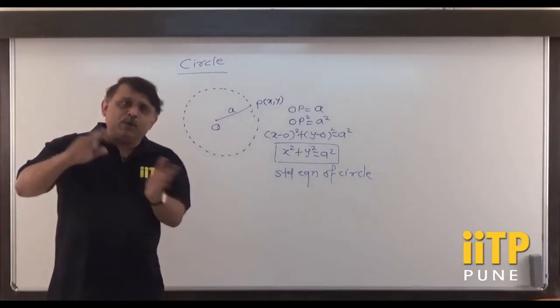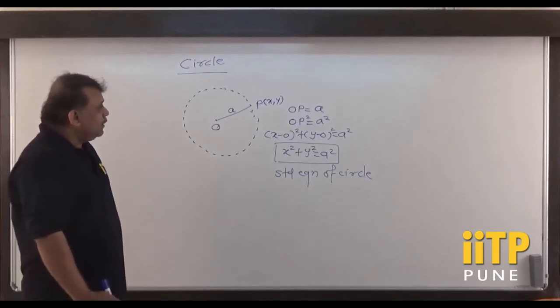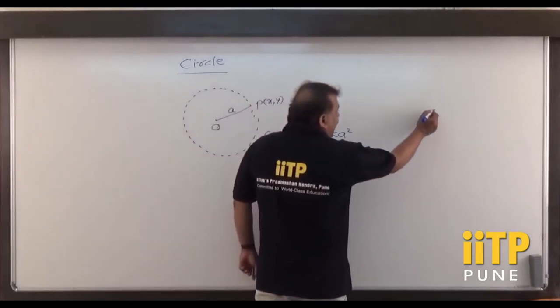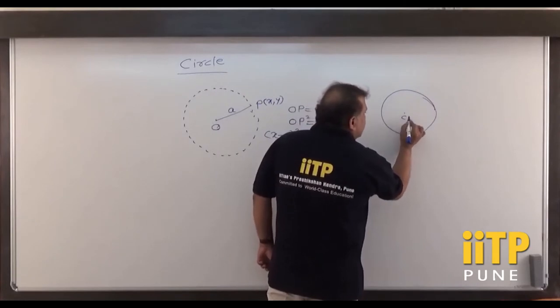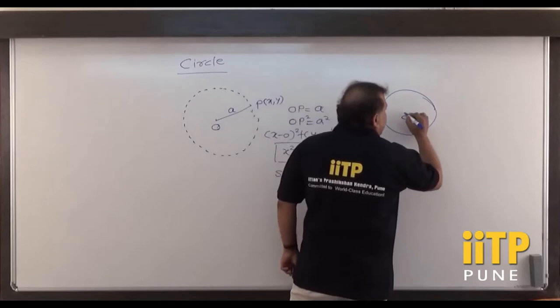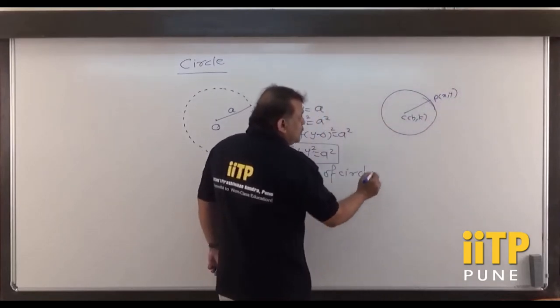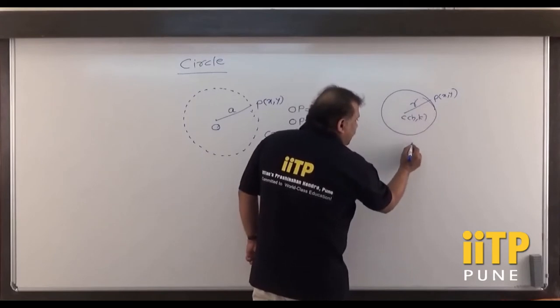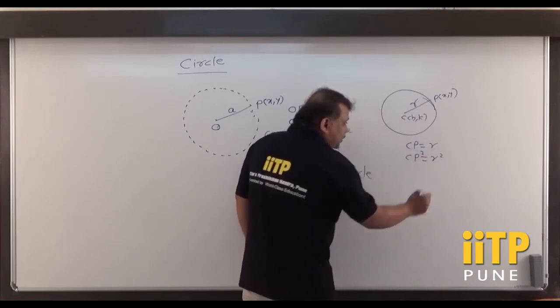But if you shift the origin to some point, say (h, k), then I may have this kind of figure. This is my circle. C(h, k) is the center and P(x, y) is any point on the circle. If the distance CP is r, therefore CP square is equal to r square.